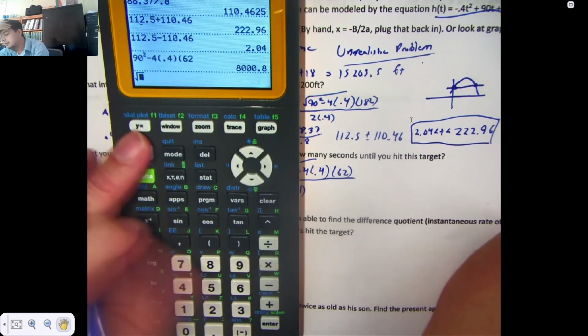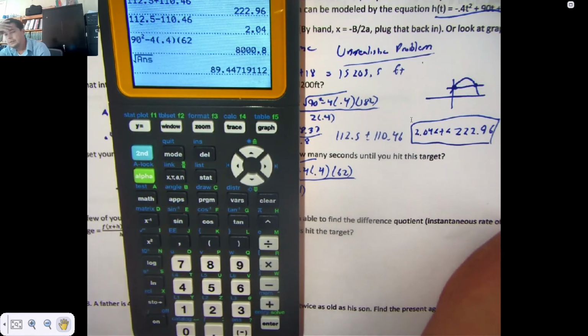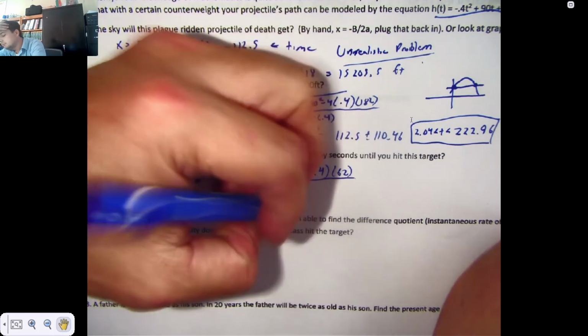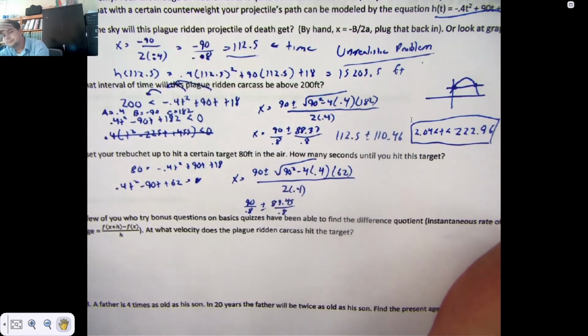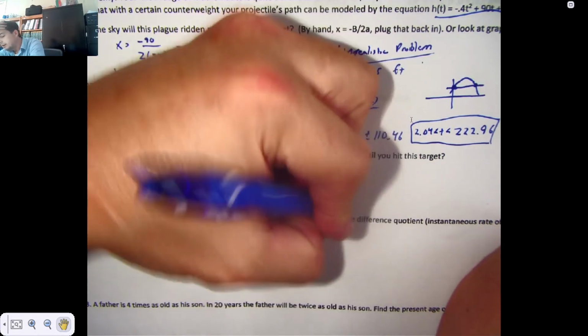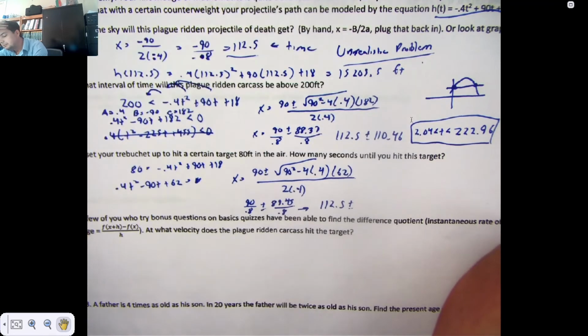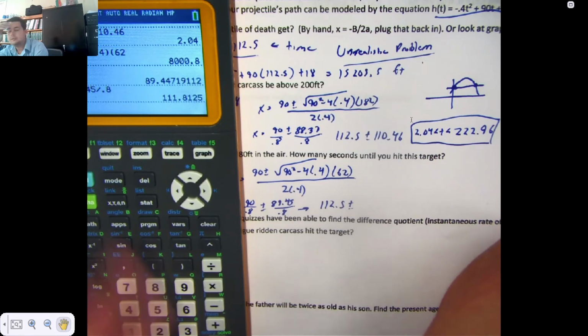And when I take the square root of that, 89.45. It's also over 8/10. So 90 over 8/10 was 112.5 plus or minus something. 89.45 divided by 8/10 is 111.812.